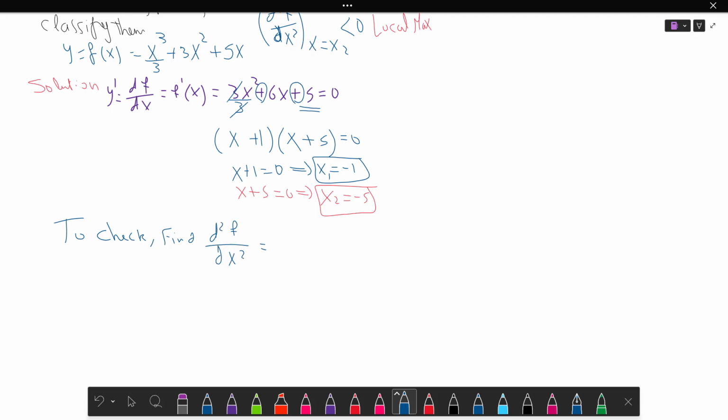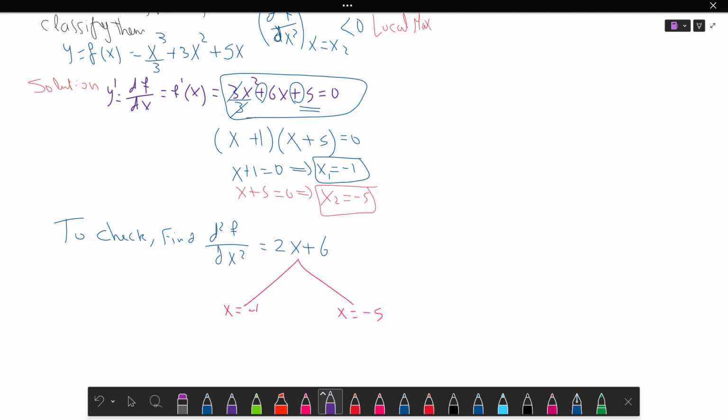Let's go. So I end up here, right? So I have to differentiate this one again, right? So the derivative gives 2x plus 6, right? Now we are going to check. We have 2 points, right? x equal to minus 1 and x equal to minus 5.